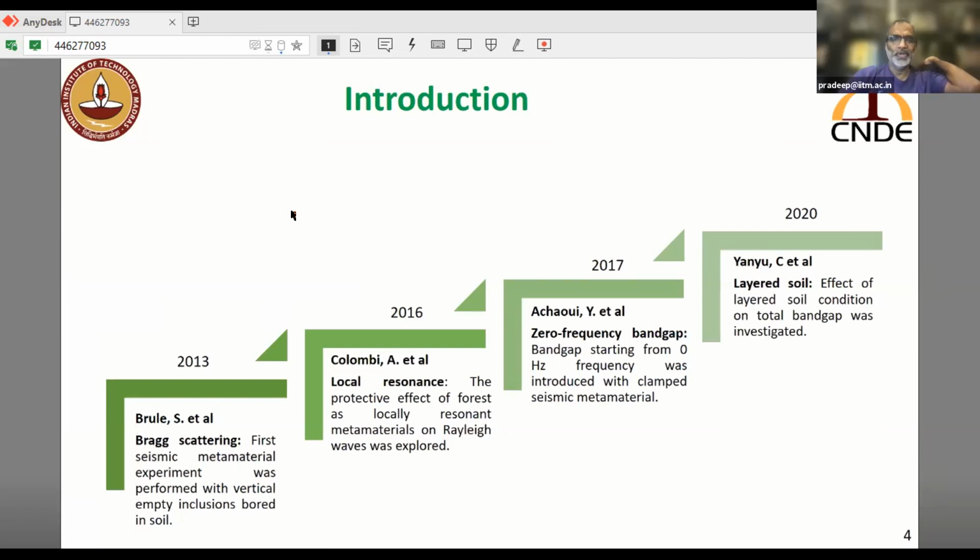So I'm sorry, Kamal. It is difficult to understand. What band gap are you referring to? So band gap, I'll discuss later, what is band gap, and how it is going to change the seismic vibration.